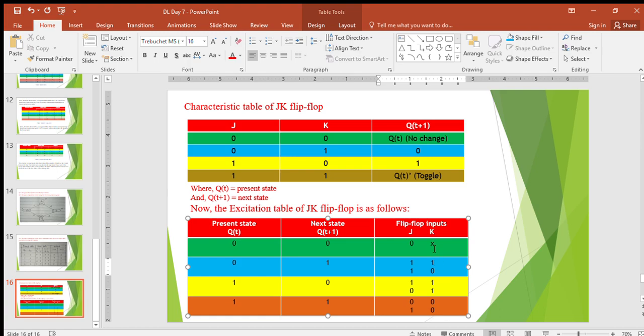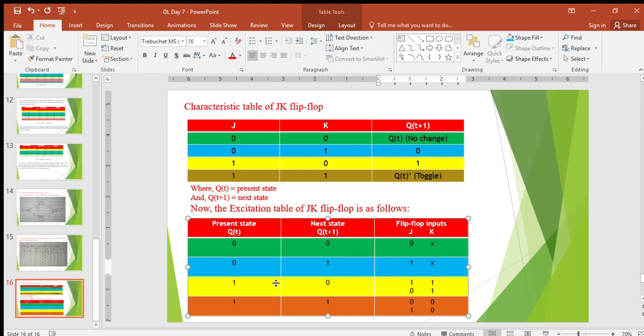The K input of the JK flip-flop can have either 1 or 0 during the state transition from present state 0 to next state 1. So in this case we can modify this as a single 1 for J, and it doesn't matter whether the K input has the value of 1 or 0. It is the don't care condition.